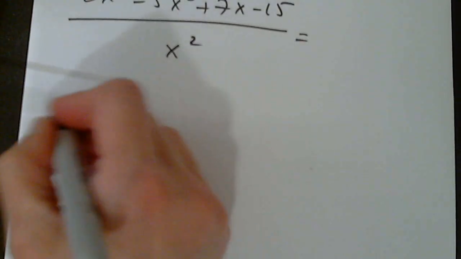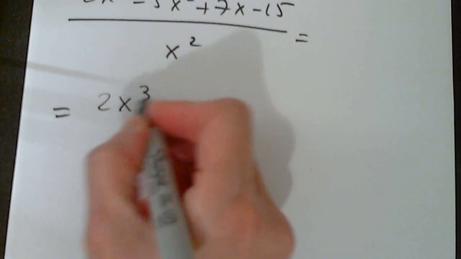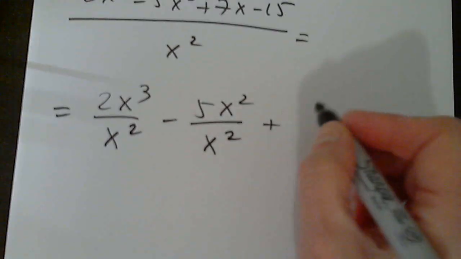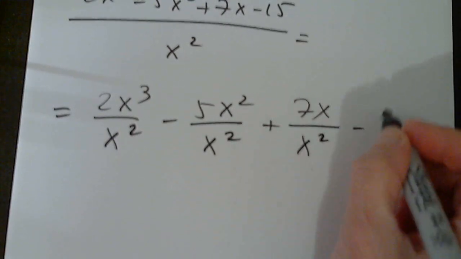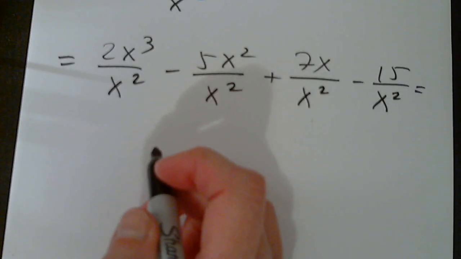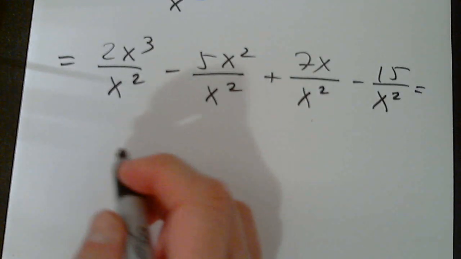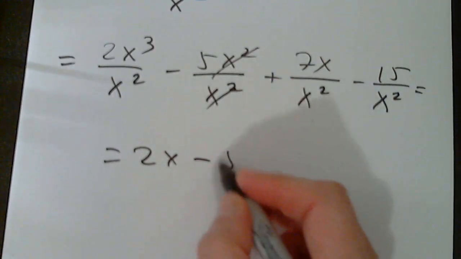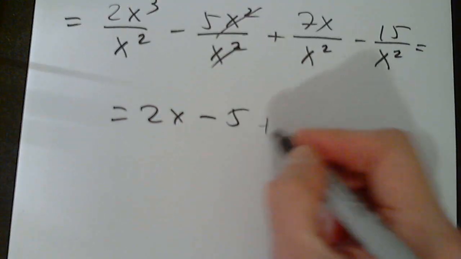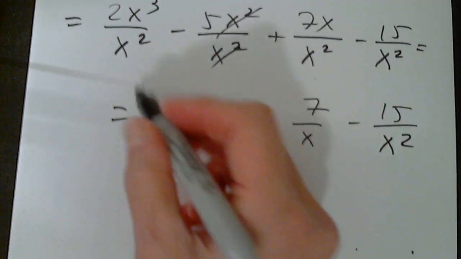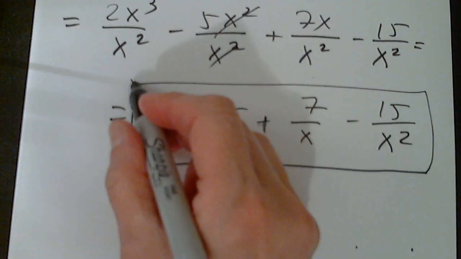The only thing we can do is separate into four fractions: 2x³ over x², minus 5x² over x², plus 7x over x², minus 15 over x², and simplify each and every one of them as much as possible. So this one is 2x, this one is −5, this one is positive 7 over x, and this one stays as is, nobody can touch it.